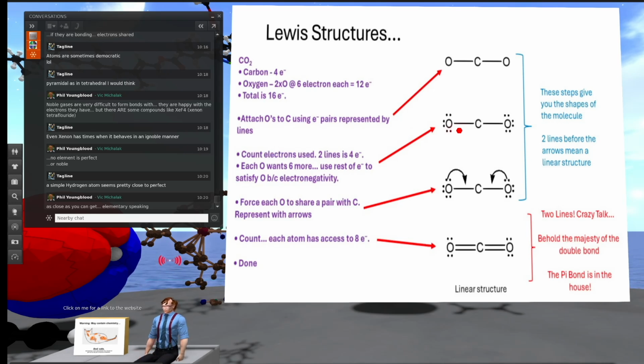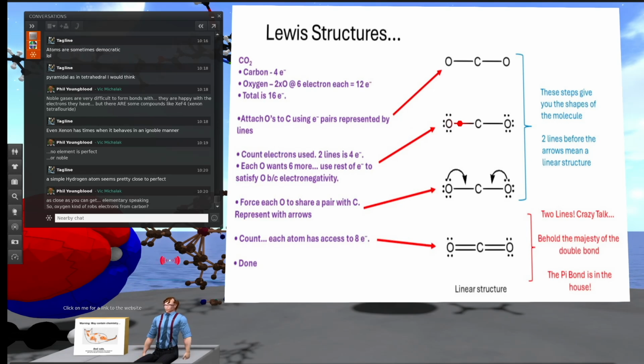So we basically make sure that the oxygens have their 8 electrons. I gave them each 6 electrons in lone pairs, and they have access to another pair of electrons in the bond. So that's 8 electrons there. Well, let's see. Now that's all of our 16 electrons used up, so carbon's not happy at this point.